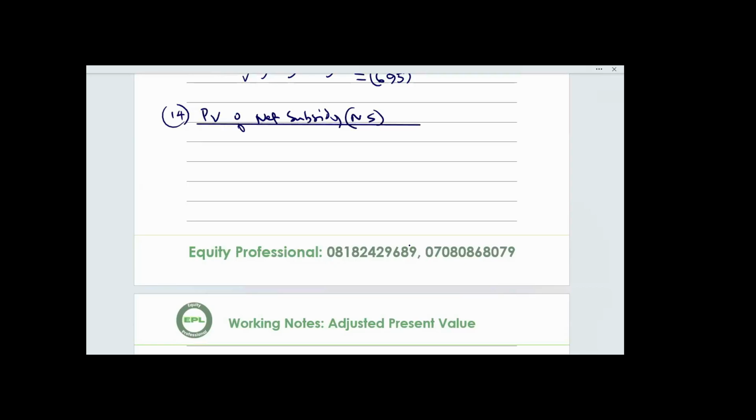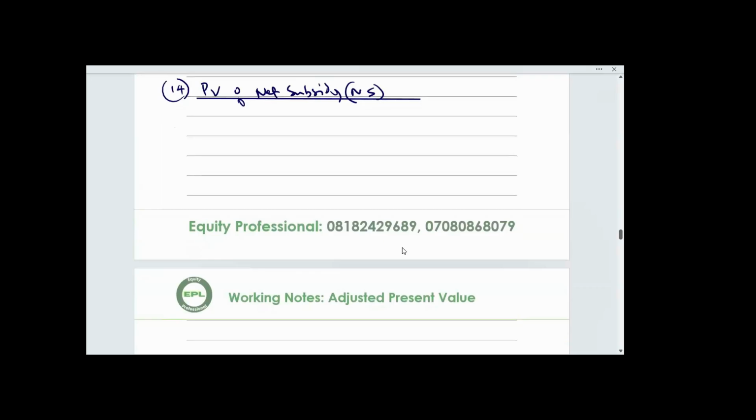So to calculate PV of net subsidy, there are 4 procedures. The first step is to determine the subsidy amount, SA. How do you calculate subsidy amount?